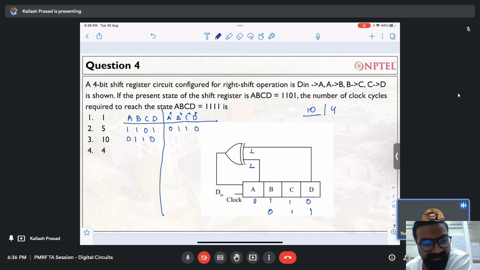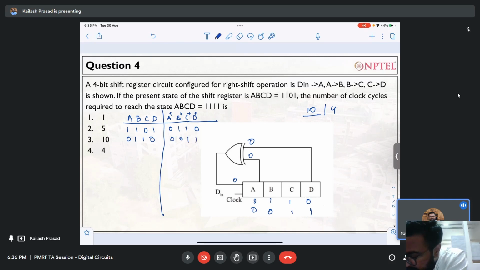Then these two nodes, this was 0 and the other node was again 0. When both the nodes are 0, this will be 0. So what we get is 0 0 1 1.